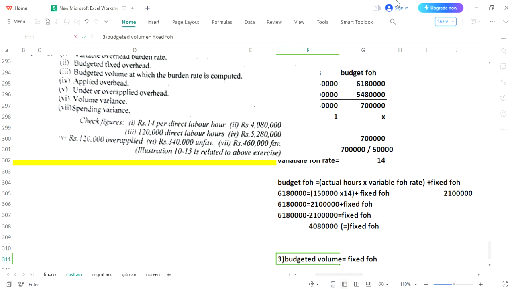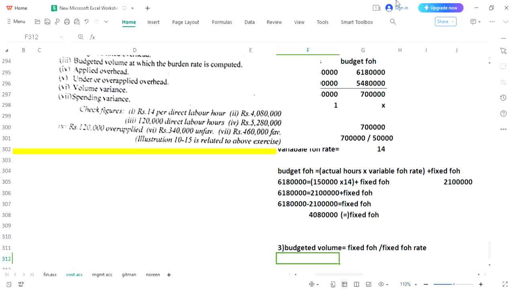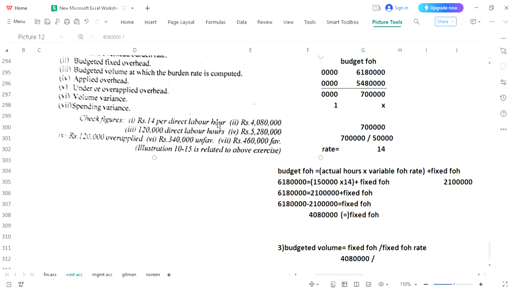You will take fixed FH and will divide it by fixed FH rate. Alright, so fixed FH we have calculated is 40 lakh 80,000, and you need to divide it with fixed FH rate. Fixed FH rate we have calculated in our formula.